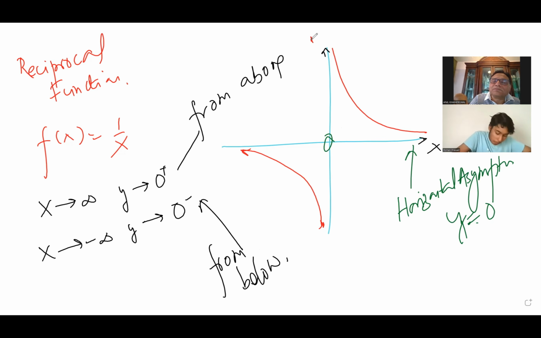Yeah. So we have a vertical asymptote, which I could show with a dotted line. So the vertical asymptote is x equals 0. Okay, sir.